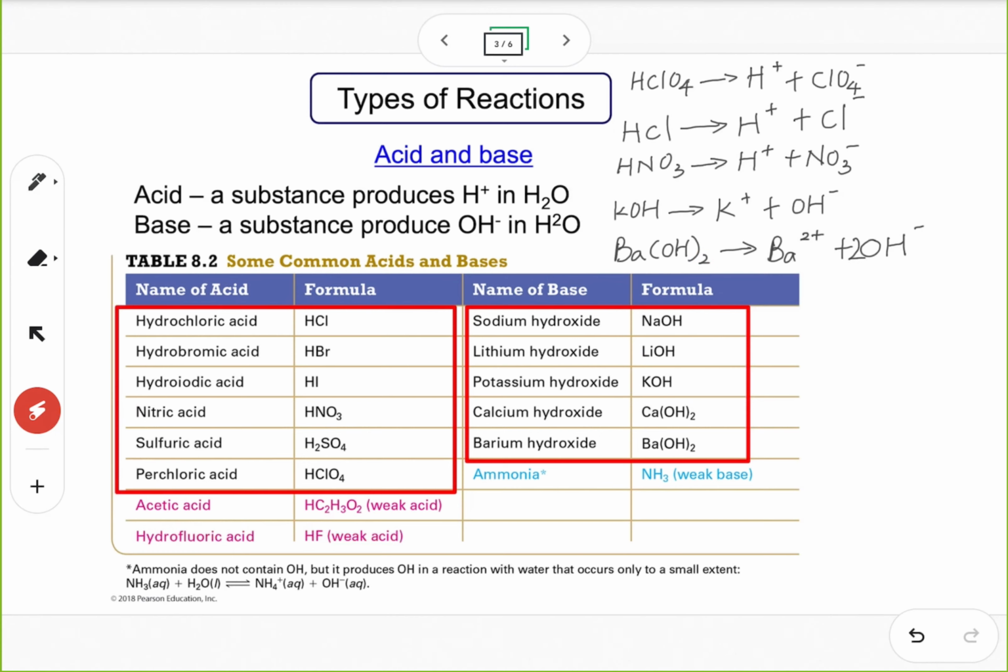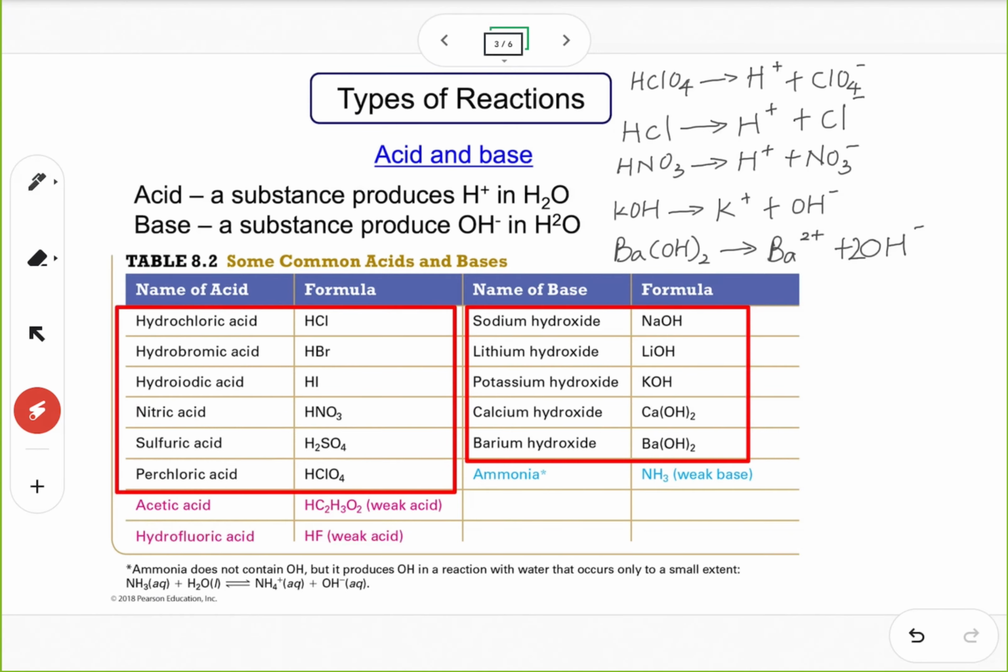Again, the bases highlighted by this red square are required. If I give you a formula, I expect you know they are bases, and also I expect you know how to write the dissociation equation of those bases.